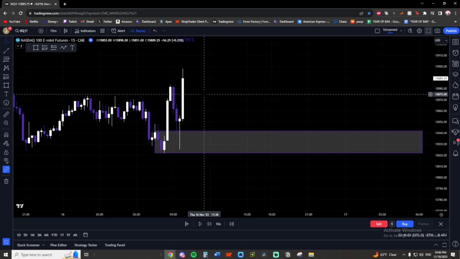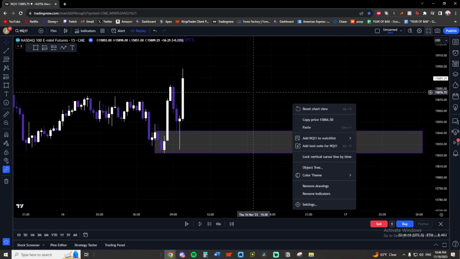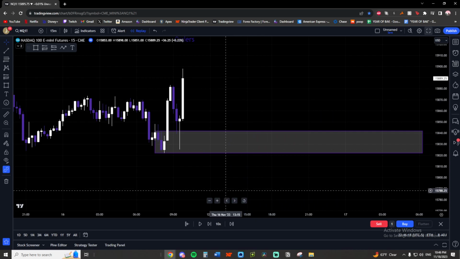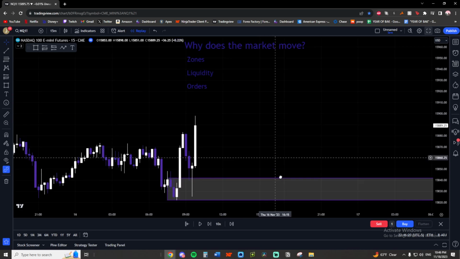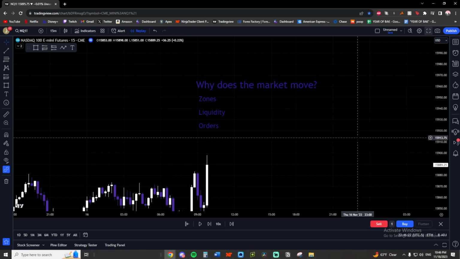Just know liquidity is what provides the volume in the market. The areas of liquidity, same thing as the area of interest zone. This is where the buying and selling conducts, right? This is where the liquidity lies, these zones. So text me if you got any questions, and that's liquidity.